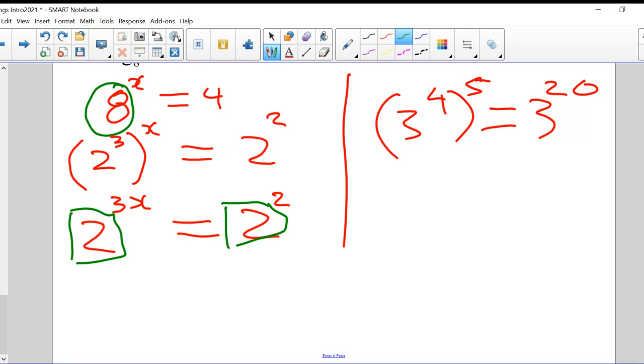If this is an equation and it says that the base to the power of 3x and the base to the power of 2, where the two bases are the same, right? 2's on the two sides. Give me another equation that would result from that, is what I'm asking you for.